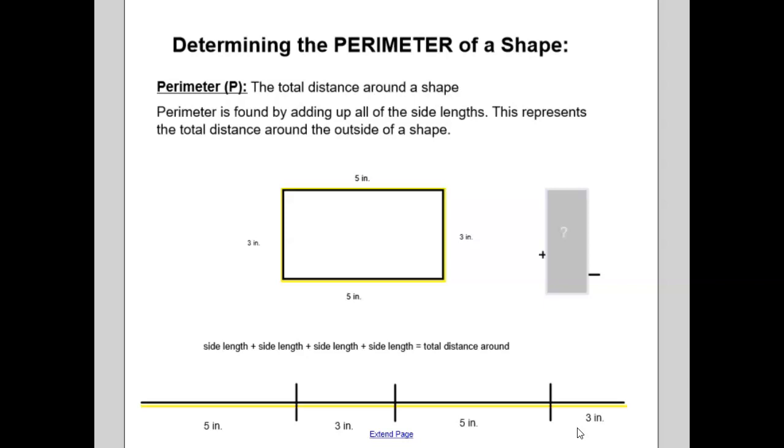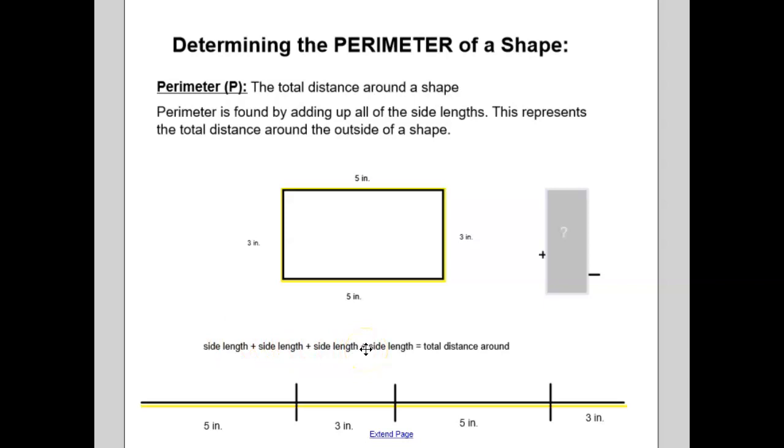So I need to add 5 plus 3 plus 5 plus 3, and that will tell me the total distance around the entire shape, or the perimeter of the shape. All I want to know is the total distance in inches around the shape. So I have to carefully add each side length.